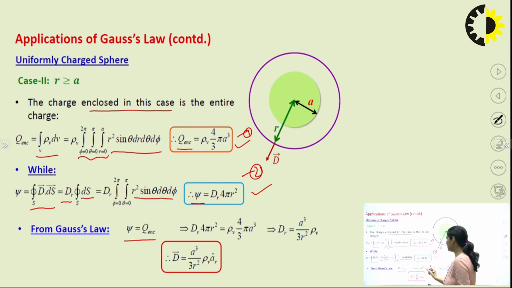So write all these values and find D, that is equal to a cubed upon 3 r squared rho V. Now if you want the vector D, that is equal to a cubed upon 3 r squared rho V unit vector of r. So this is the electric flux density for a uniformly charged sphere.